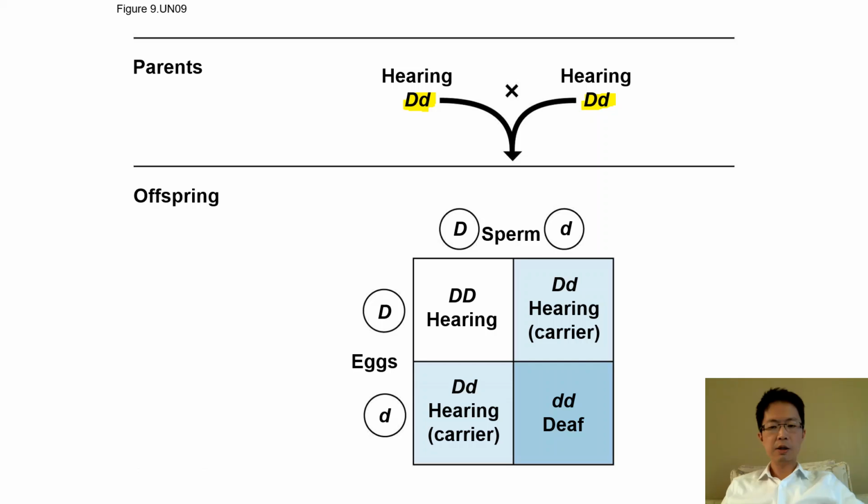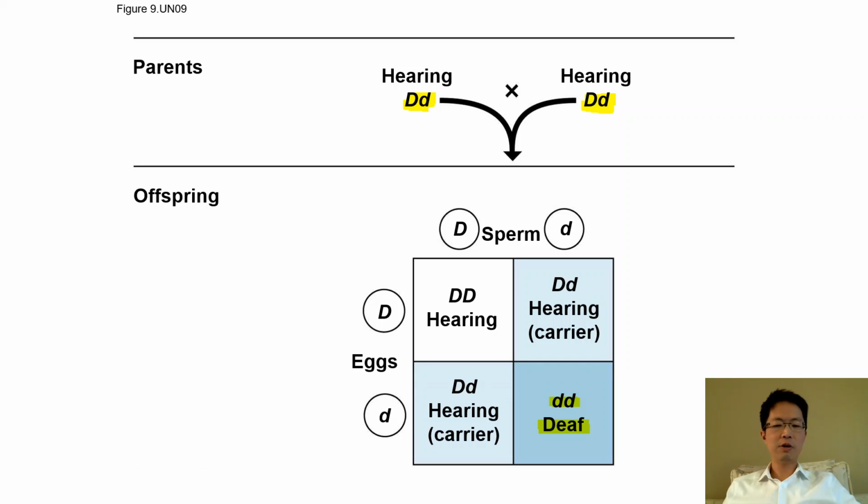The other parent is also heterozygous dominant with big D, small d. If the offspring is homozygous recessive, then the offspring will be deaf. Otherwise, the dominant allele will give you normal hearing. So the question to you is, what is the phenotypic ratio and what is the genotypic ratio?